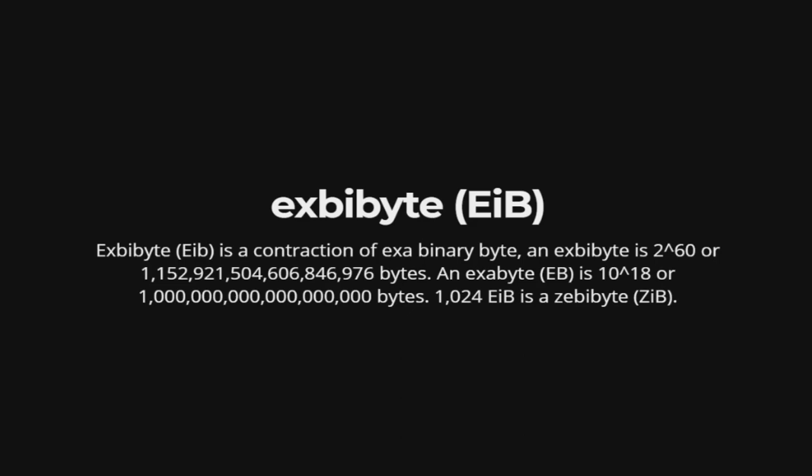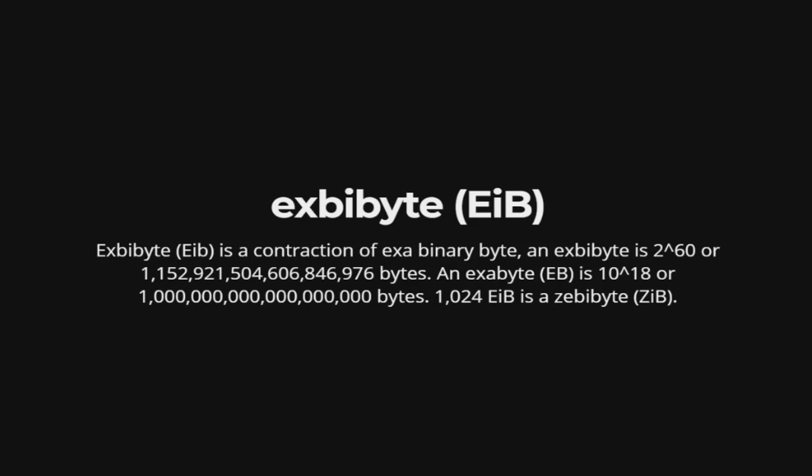Exbibyte, EiB. Exbibyte, EiB, is a contraction of exa binary byte, and an exbibyte is 2 to the power of 60, or 1,152,921,504,606,846,976 bytes.